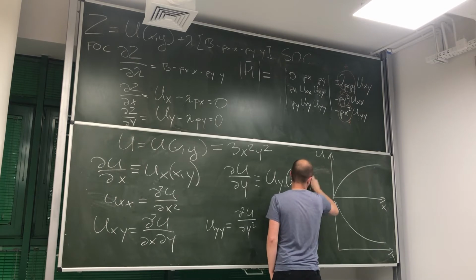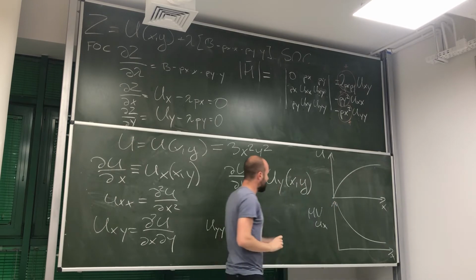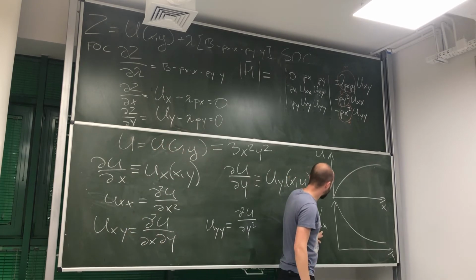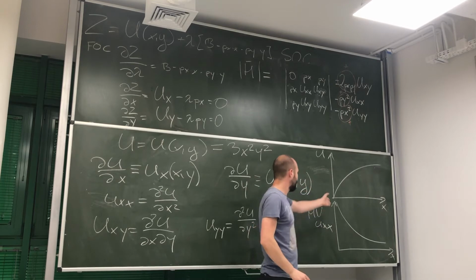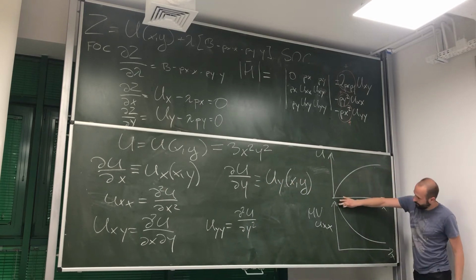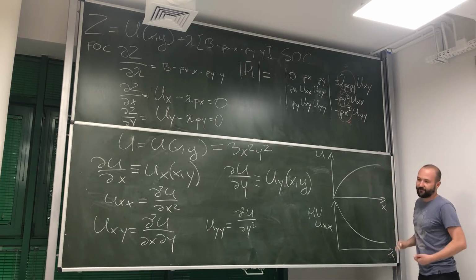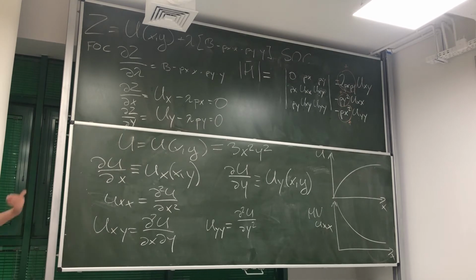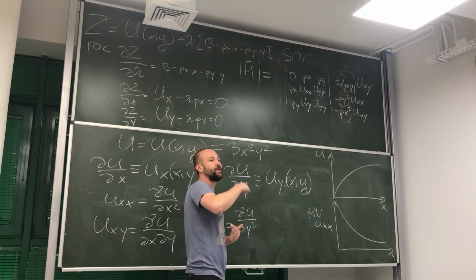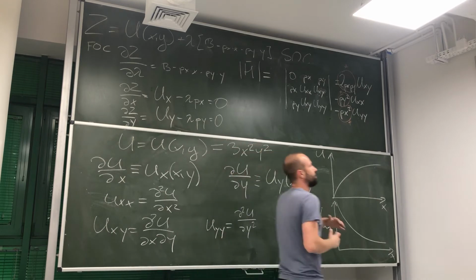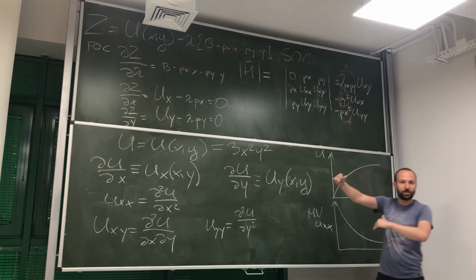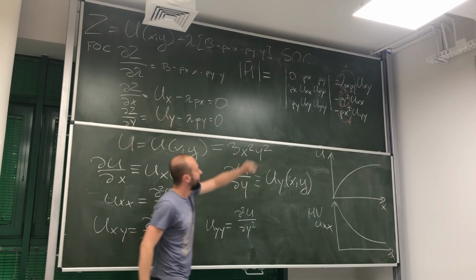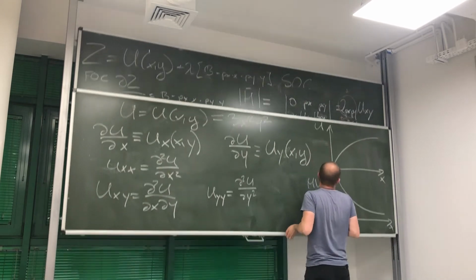I'm sorry, u. This is ux. So the slope of ux is measured by uxx. And look, we over here can clearly see that the slope is negative. So it needs to be negative. And it is what we already said before. It's because of this decreasing marginal utility, right? When we consume something, each portion makes us happier, but each additional portion a little bit less happy. And this is captured by the second negative derivative.